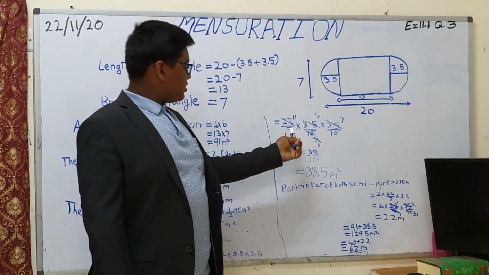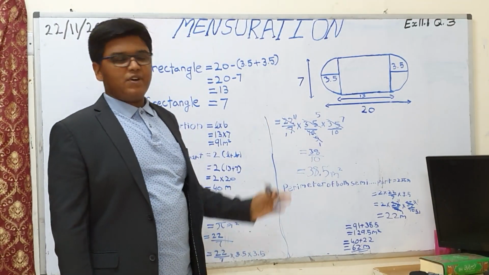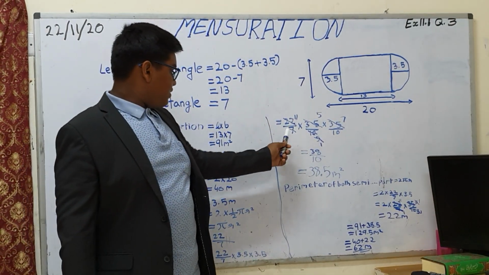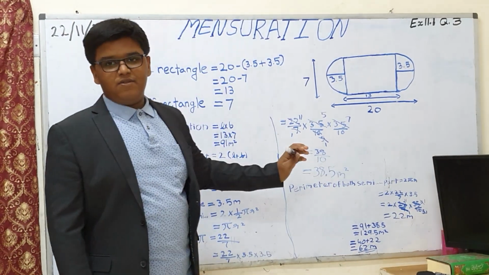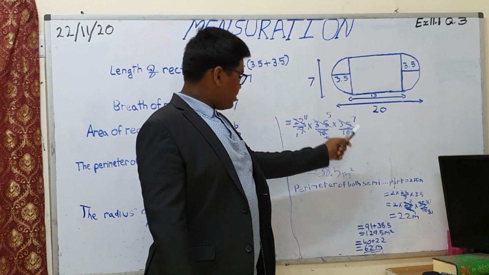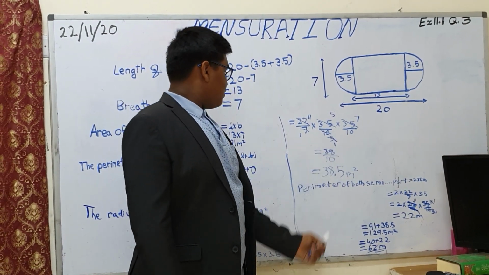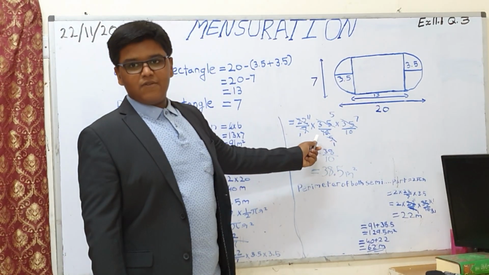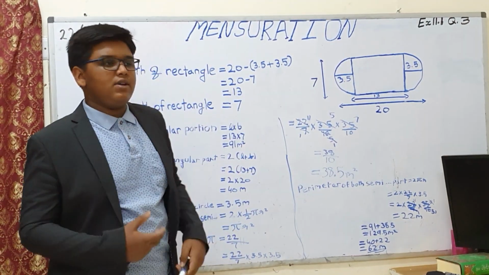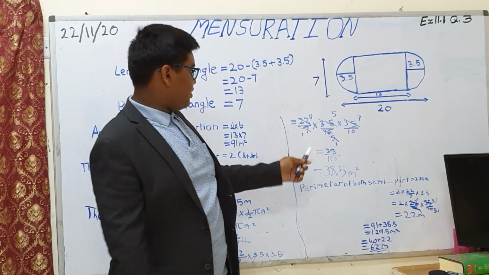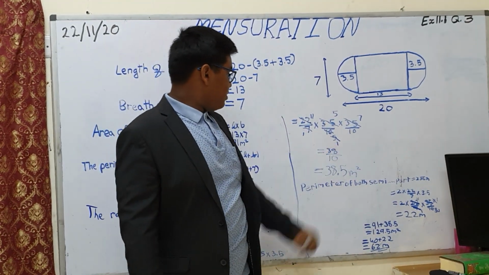Then what we are doing is cutting this 7 and 35 together. The 7 will be converted into 1, because 7 into 5, so it will be written as 5. Now the 5 which we have got here, we cut this and cut this. So 5 into 5 into 7 is equal to 35. That's why I wrote the 7 here.